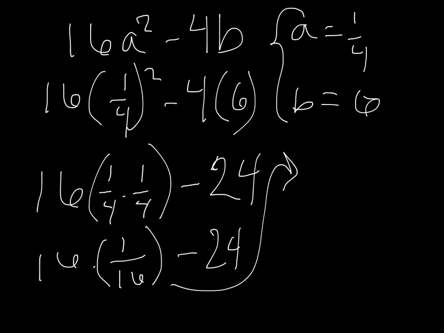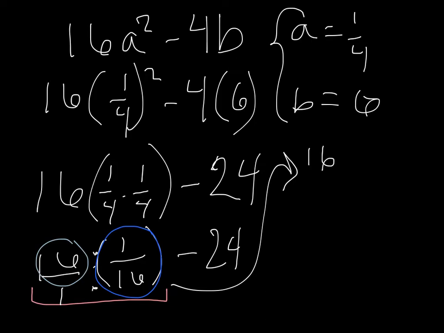Put that up here. So this right here, we seem to have confusion about this, some of us anyways. This is a whole number times a fraction, right? Well, this whole number is 16 over 1, so then we just multiply straight across. 16 times 1 is 16. 1 times 16 is 16.